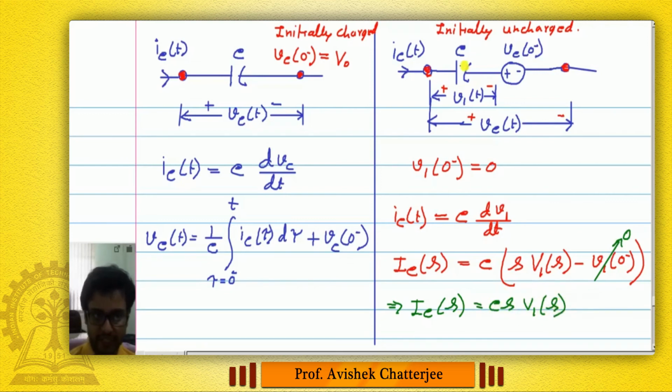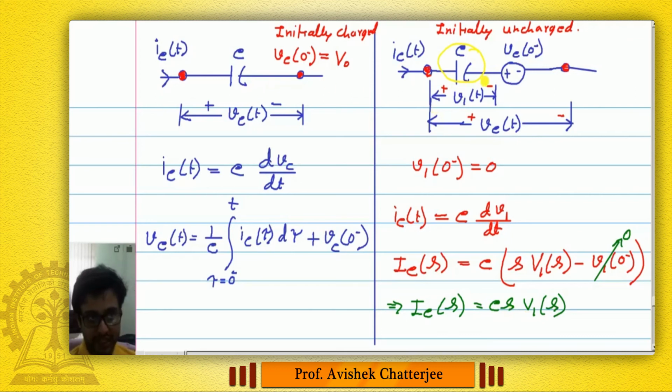V1 is the voltage across this capacitor only, okay, not from here to here, only across this capacitor. And then across this capacitor, this nice relation is true, which looks like Ohm's law. Current is proportional to voltage. Okay, so that is the nice thing about this circuit.